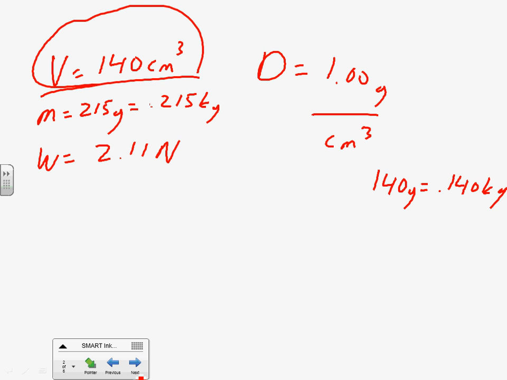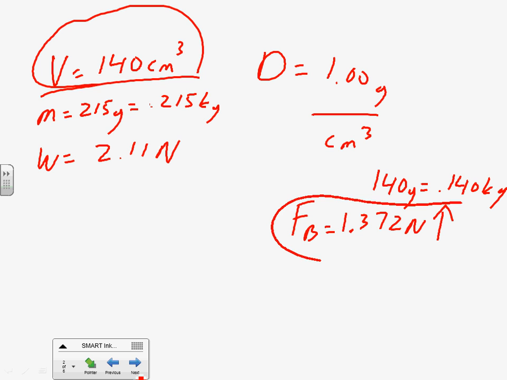But we don't need to know the mass of the water displaced. We need to know the weight of the water displaced. So let's take this 0.140, multiply it by 9.8, and get a weight of the water displaced, or a buoyant force, of 1.372. Again, the weight of the water displaced by an object is the buoyant force, and that buoyant force is acting up on this object, which in our problem is a sphere.